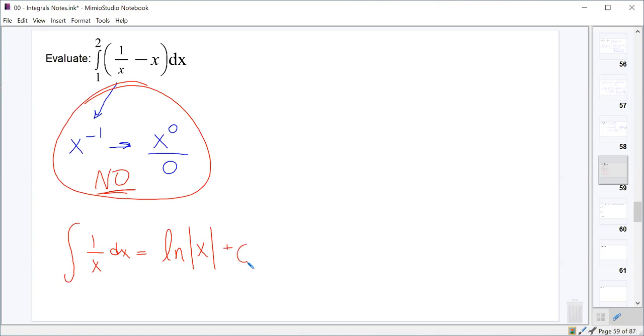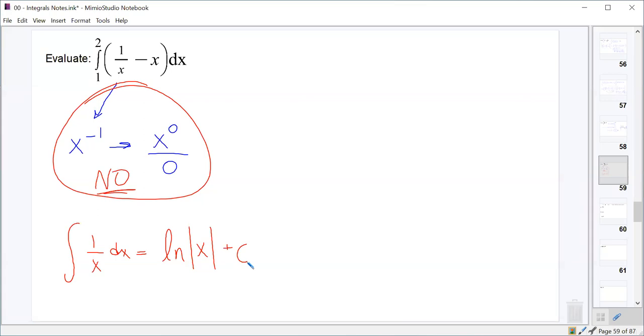Okay? The reason we throw that absolute value on there is because the natural log function only exists for values of x greater than 0. But the function 1 over x can exist for all values of x, negative and positive, except at 0.